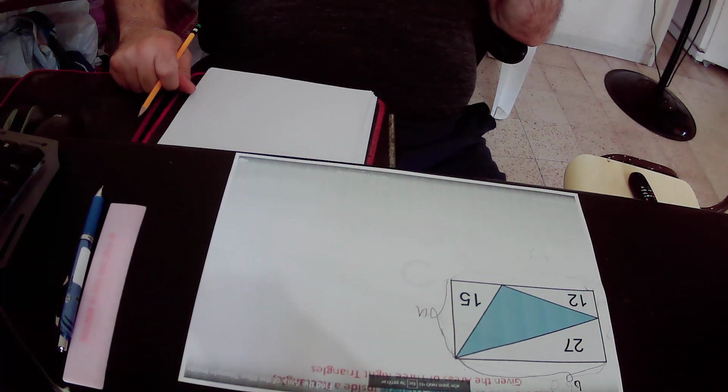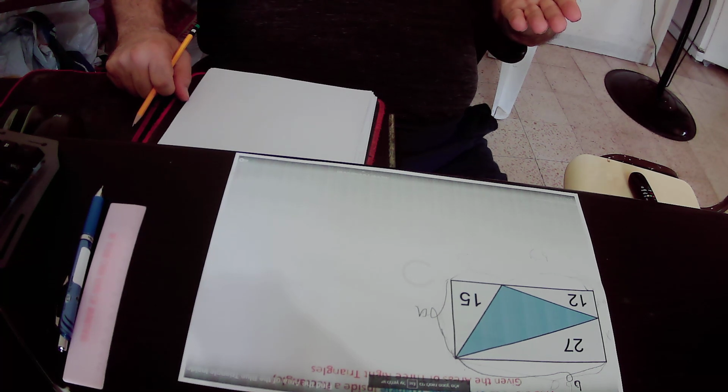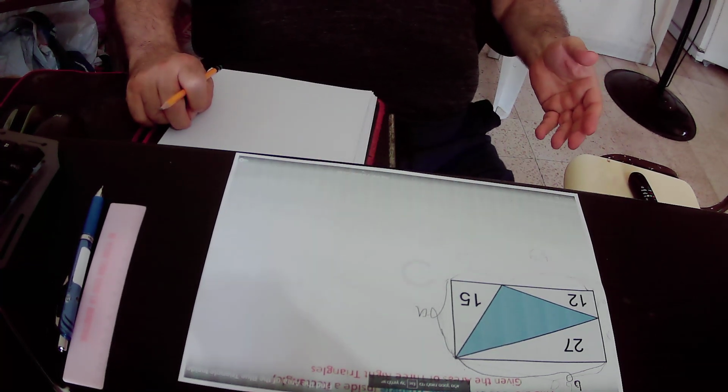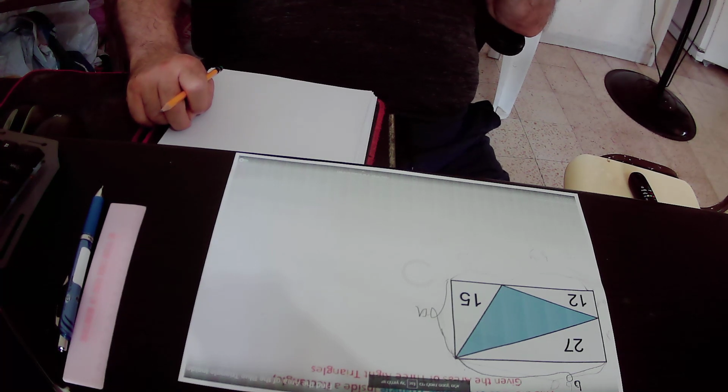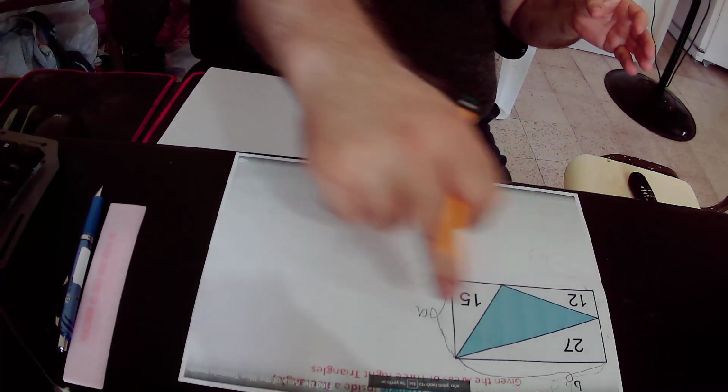And as you all already know, the area of a rectangle is its length times its width, or in this particular case, the area of this rectangle will be A times B. This is important to know.